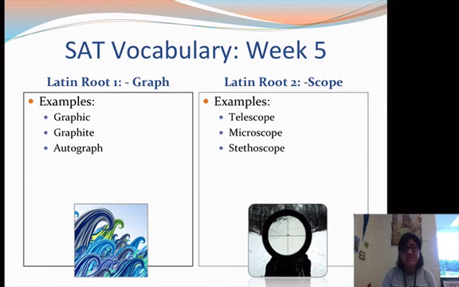The two Latin words for this week are graph and scope. So, graph contributes to the words graphic, graphite, and autograph. Scope contributes to the words telescope, microscope, and stethoscope. Based on these words and what you know about them and the picture, write down your guesses for the roots graph and scope.